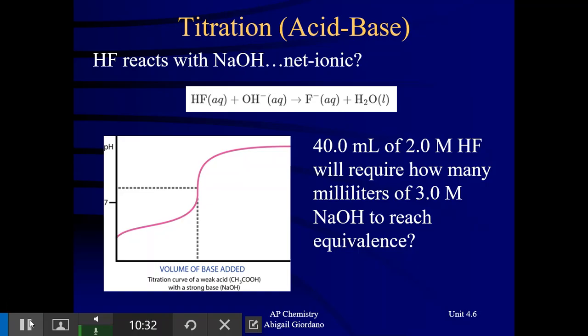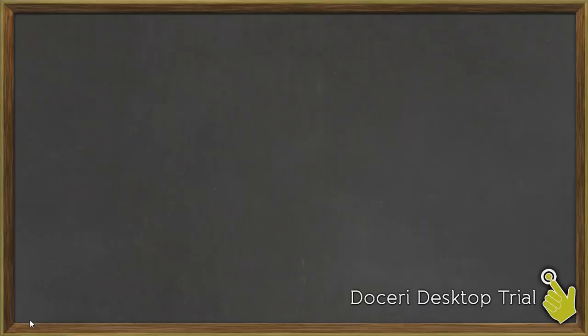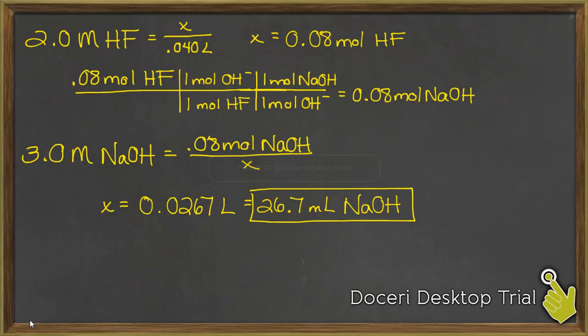All right, let's see how you did. Okay, so the first thing that I did was I took the volume of HF and the molarity of HF, the volume they told me it required to get to equivalence. I changed it from 40 milliliters into 0.04 liters. And I got moles of HF.